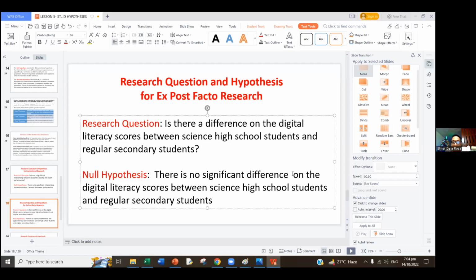Sir Jose Leonardo, can you state the alternate hypothesis na directional? And can you state the null hypothesis which is non-directional? Non-directional muna.